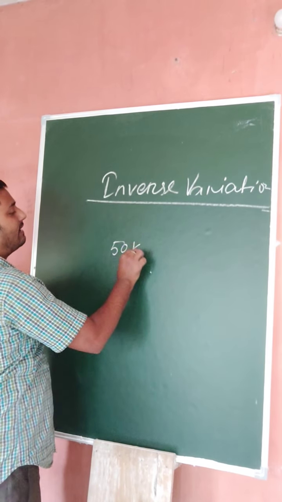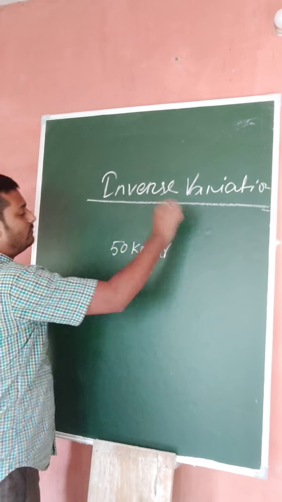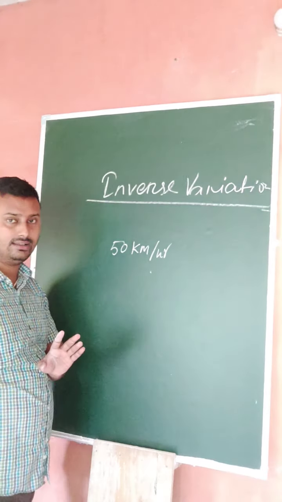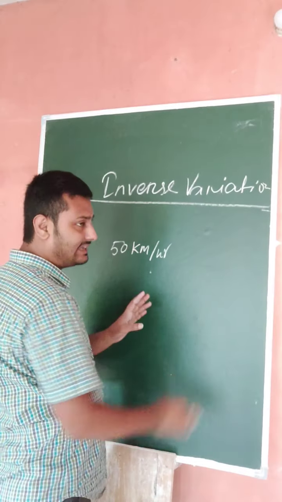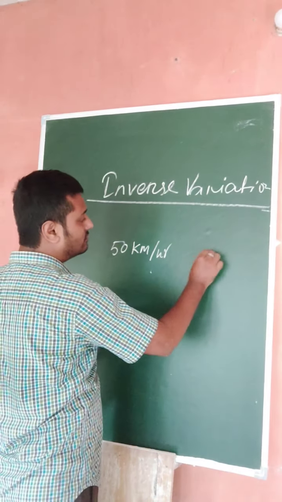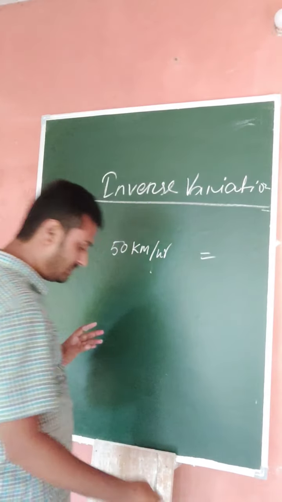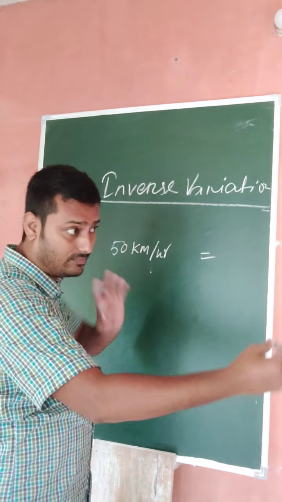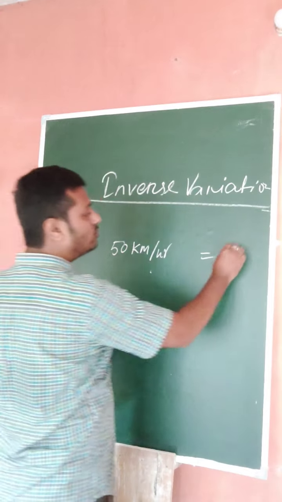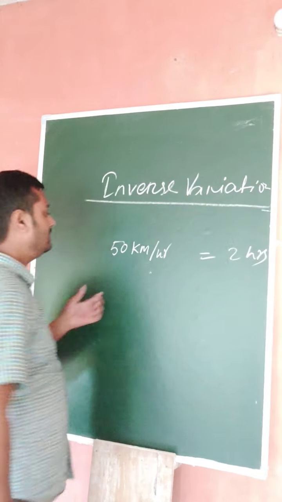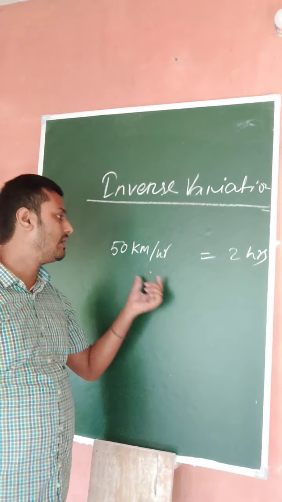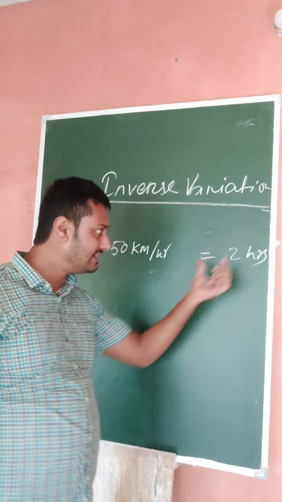Suppose the speed is 50 km per hour, and a certain fixed distance, you reach the destination in 2 hours. Clear? With 50 kilometer per hour speed, you reach the destination in 2 hours.